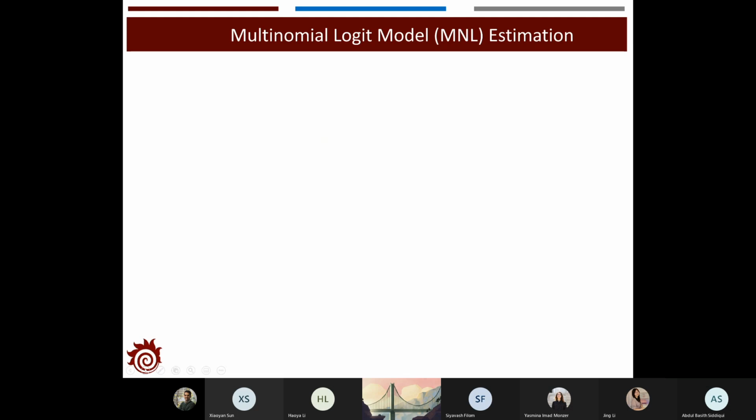Back to our specific problem, assuming we have j different modes, we have defined the functions for the utility. Utility is a linear function of the attributes.